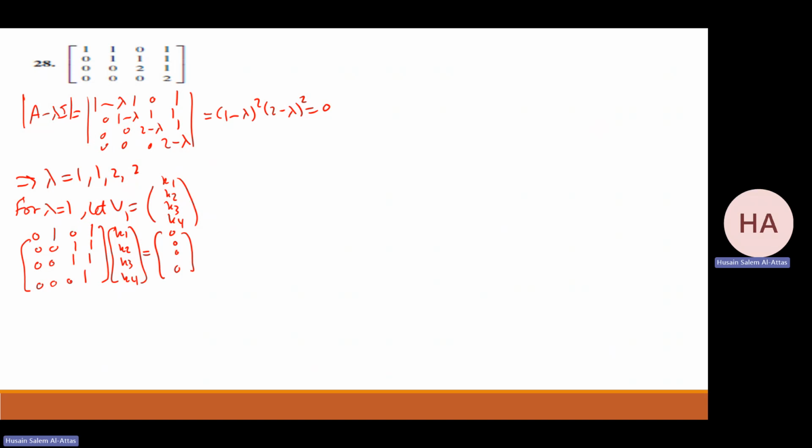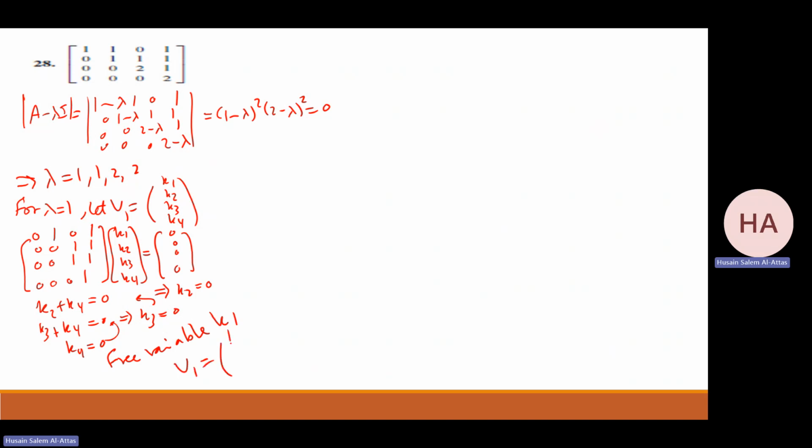What will happen in this case? We have K2 plus K4 equals 0, and K3 plus K4 equals 0, and K4 equals 0. Plug it here. So K3 equals 0, so K2 equals 0. So the free variable is only K1. So V1 will be 1, 0, 0, 0. So for sure A is not diagonalizable.